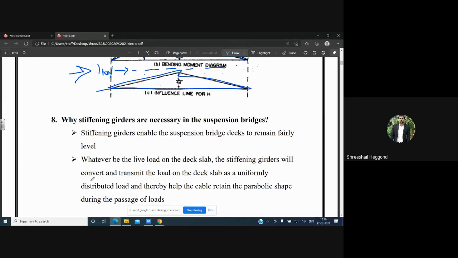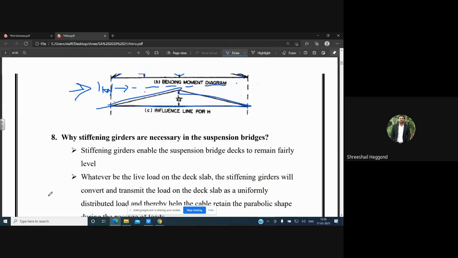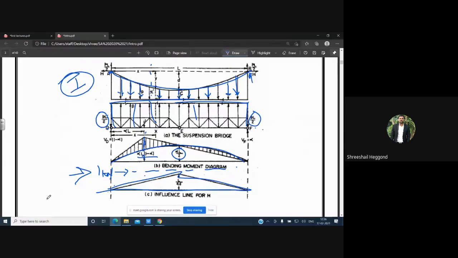If the cable is given like this, the cable is the original cable, as shown in this diagram. If you see the 3D dimension of the cables, this will be the pathway in between, and the cables will be attached. That will be converting the load in the downward direction. The movement of vehicles will be on this.